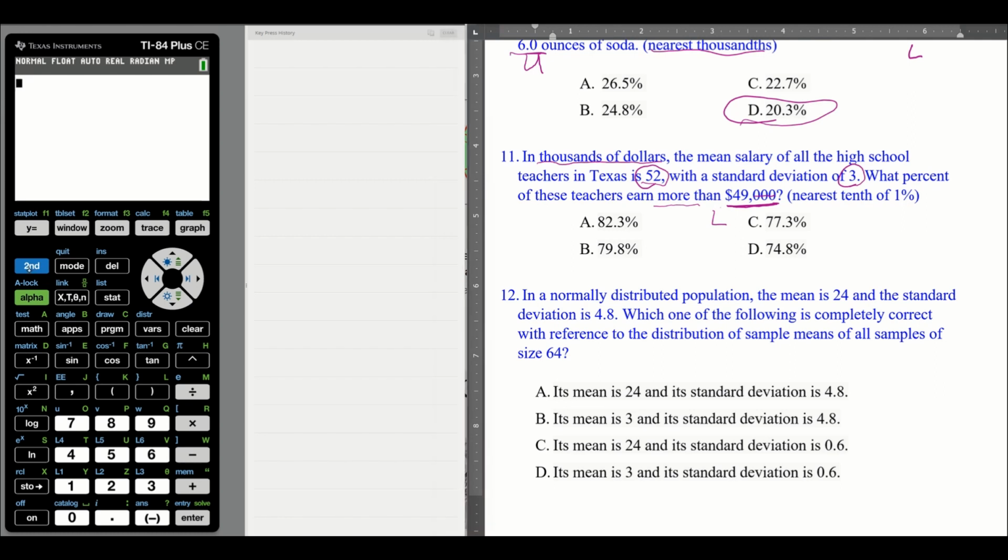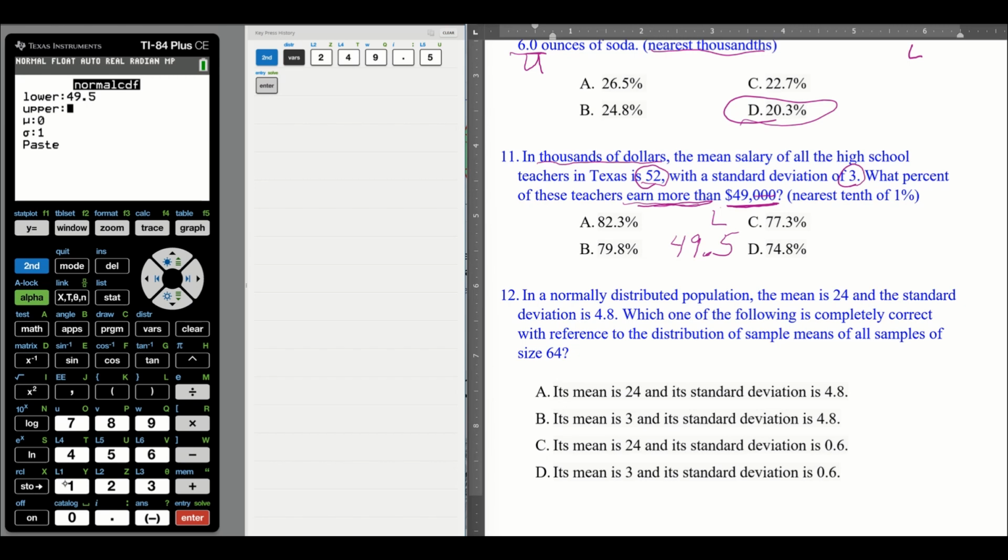Okay. So 2nd, VARS, I'm going to go with 2. Okay. That's our lower bound. And actually, I'm saying that it says more than. We need to use 49.5 and not include the 49 as is because it says more than. Very clearly says more than. So 49.5, enter.